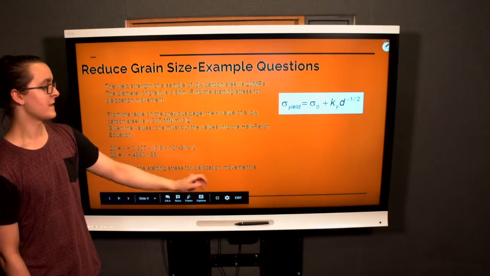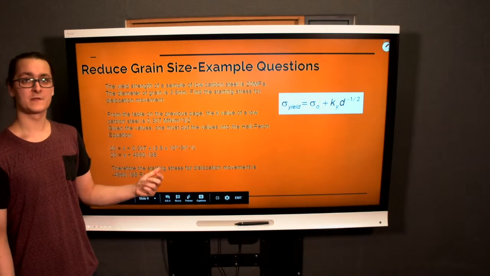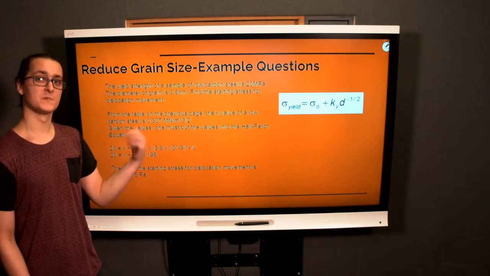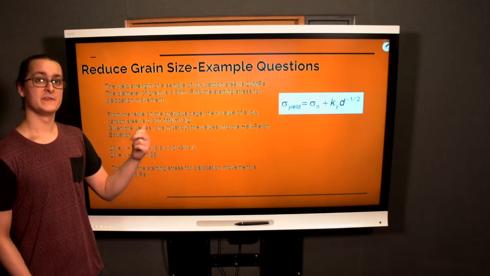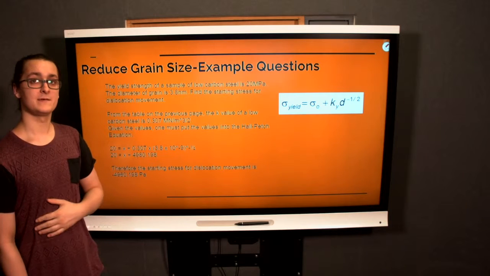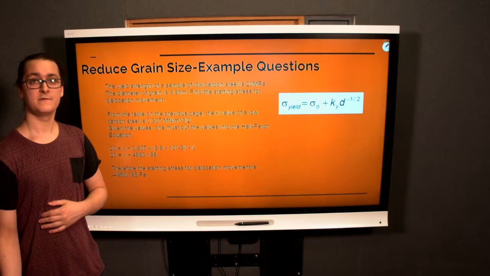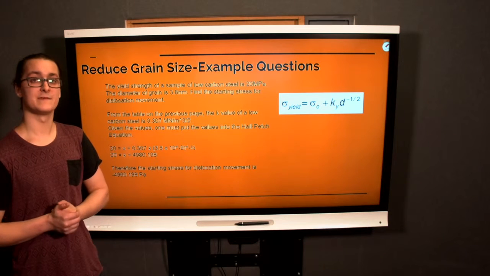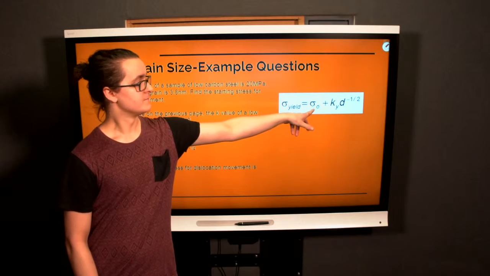So then moving on to an example question, we've got one here which is just that the yield strength of a sample of low carbon steel, so from the previous page we'll be able to grab our K value. The yield strength is 20 megapascals, the diameter of the grain is 3.8 nanometers, and we need to find the starting stress for the dislocation movement, which is sigma O here.